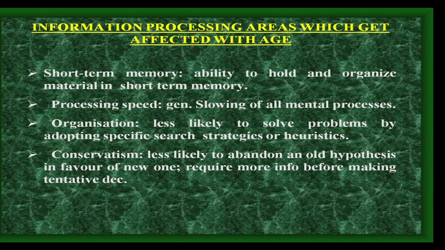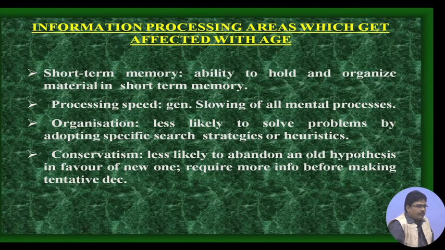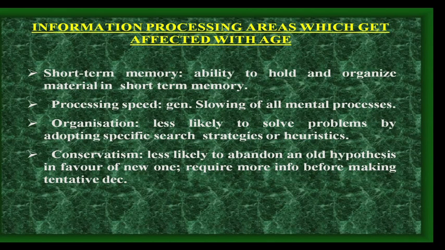The major focus of information processing was on the different areas that are responsible for processing information. In information processing theories, there are certain areas which get affected with the increase in age. Say, for example, short term memory.